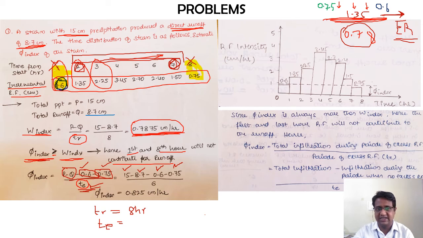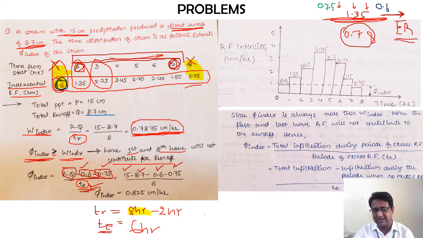So from the duration of the rainfall, that is TR, 8 hours, I need to deduct 2 hours, because for these 2 hours we don't have the runoff, and that is not called effective rainfall. So total runoff is occurring only from 6 hours of rainfall. That is nothing but the TE value.